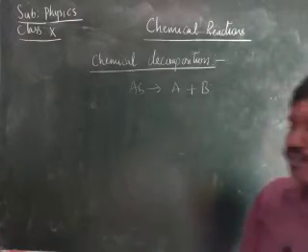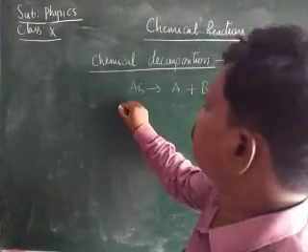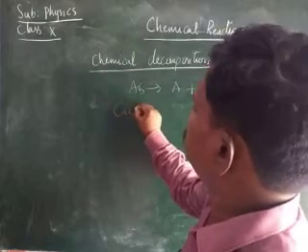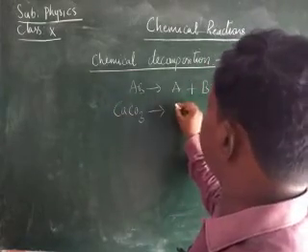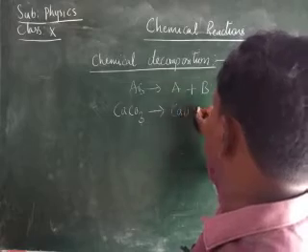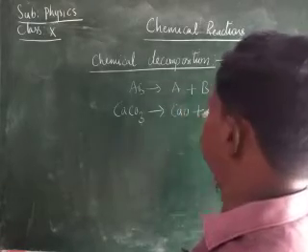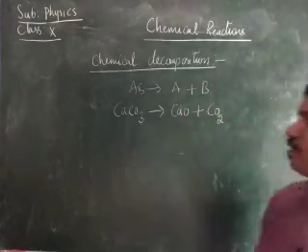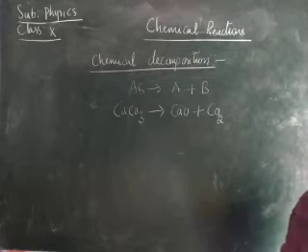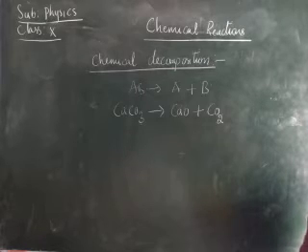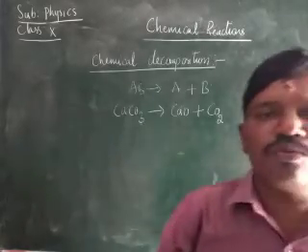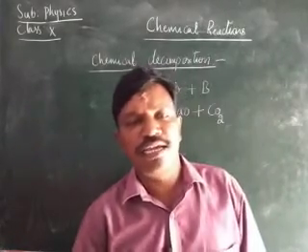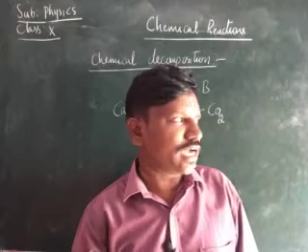See here, children. Calcium carbonate, CaCO3, on heating gives calcium oxide and carbon dioxide. Therefore, this reaction in which a single compound is splitting into two or more compounds is called the chemical decomposition reaction.